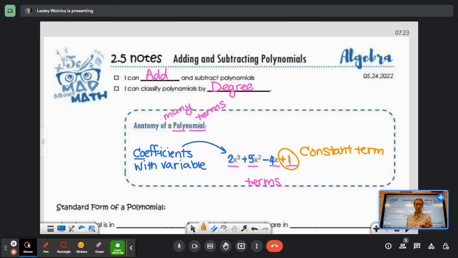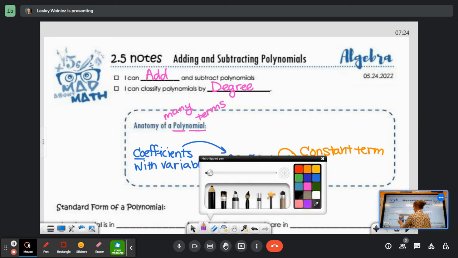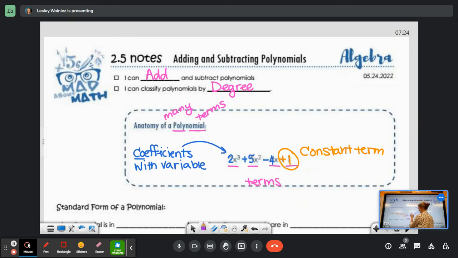Okay, so if he doesn't have a variable with him, he can't vary. He's always going to be 1. He's very, very boring. He's constant all the time. Okay, that's our constant. We have some other fun little numbers in here. We've got a power of 3, a power of 2, and a hidden power of 1. Okay, those are your exponents.